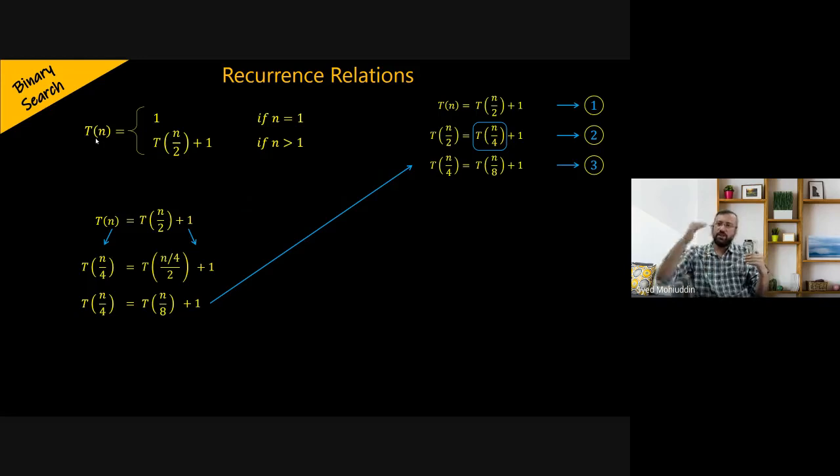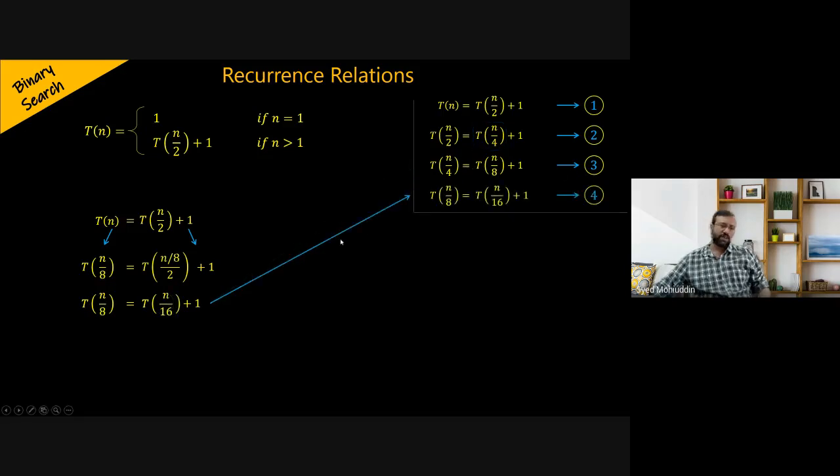The first level will be n, the second level n/2, the third level n/4. So we will substitute n by n/4, and instead of (n/4)/2 we get n/8. So T(n/4) equals T(n/8) plus 1. The plus 1 is from the original equation itself. So this becomes our third equation.